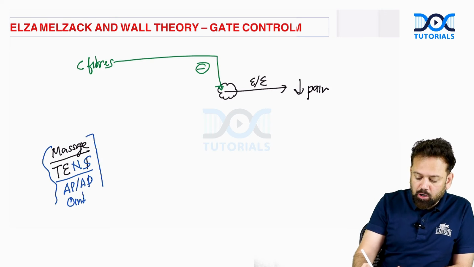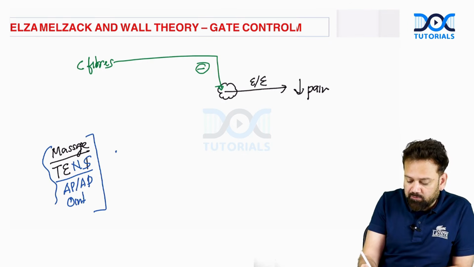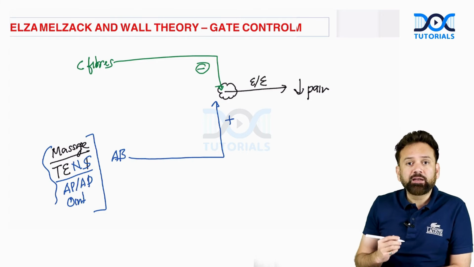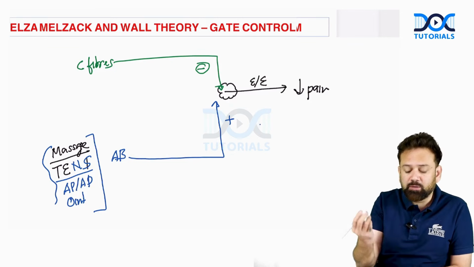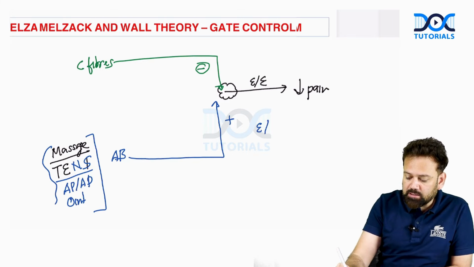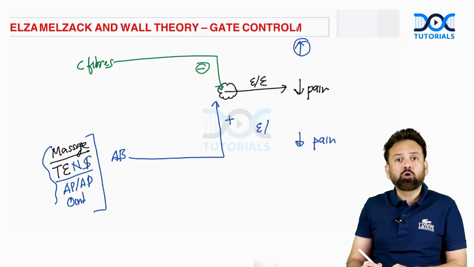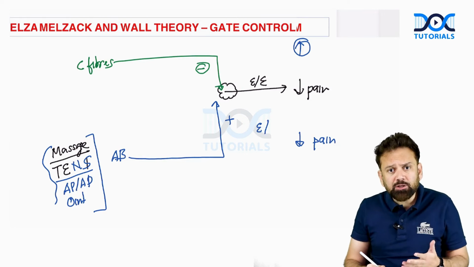These are all types of touch. So they will stimulate A beta, and A beta will stimulate the spinal interneuron. And when spinal interneurons are stimulated, they release endorphins and decrease body pain. So C fibers were increasing our body pain, and because of the TENS therapy, massage, ointment, pain decreases.